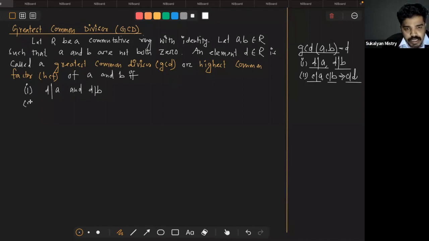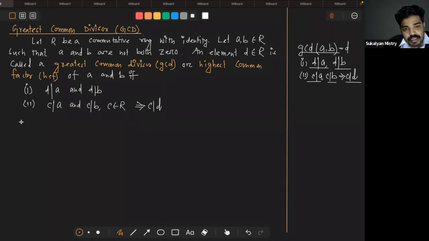Second condition, if c divides a and c divides b, where c is an element of R, implies c divides d. If d divides a as well as d divides b and c divides a and c divides b implies c divides d, then we say that d is the greatest common divisor of a and b.